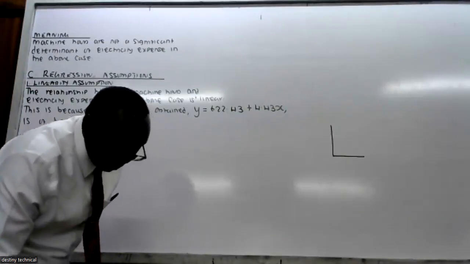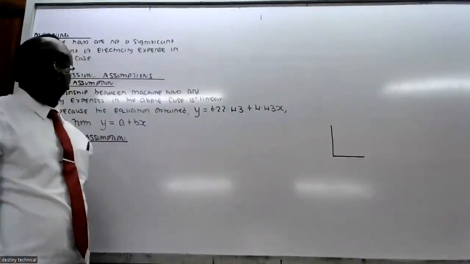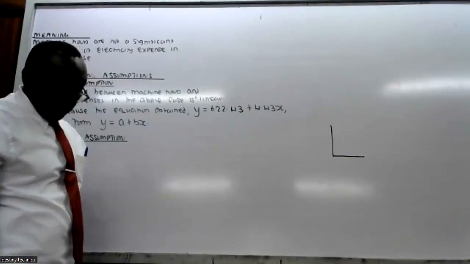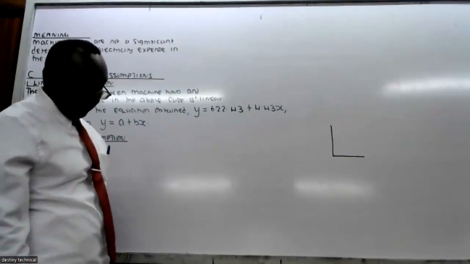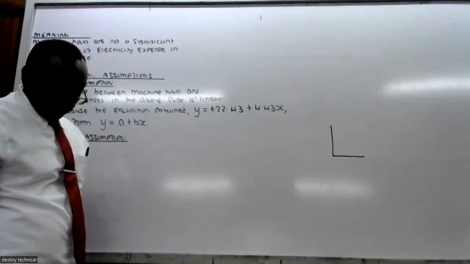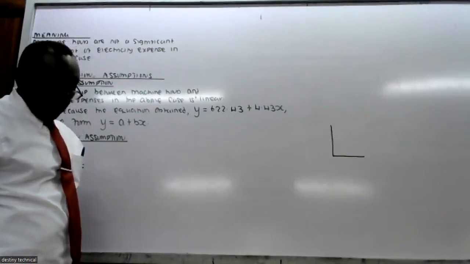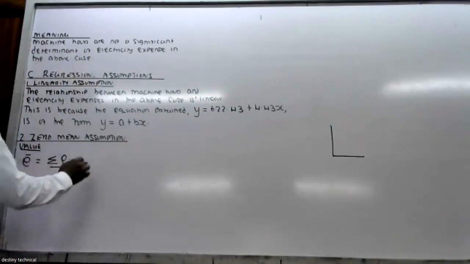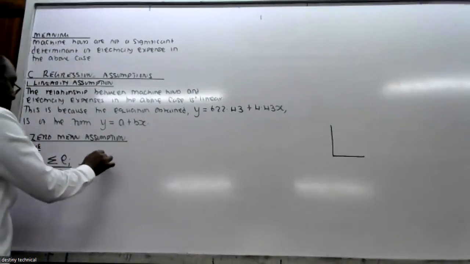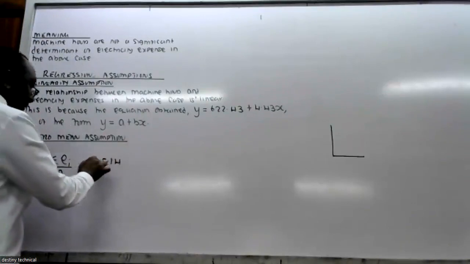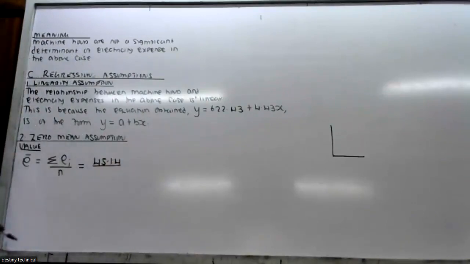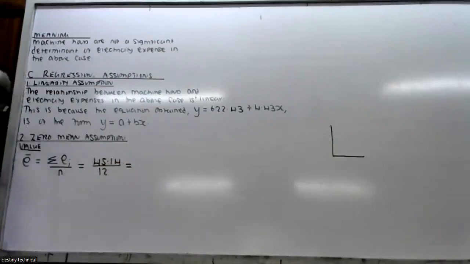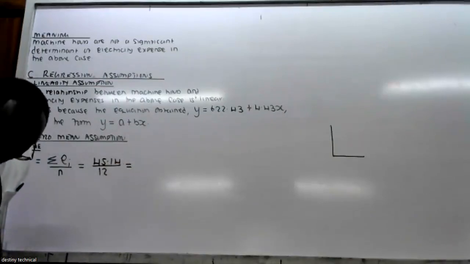The big table we drew had 11 columns. There is a column somewhere in the middle we called error values, Y minus Y predicted. 45.14. Good. Those are what are called errors. So you divide this by 12.